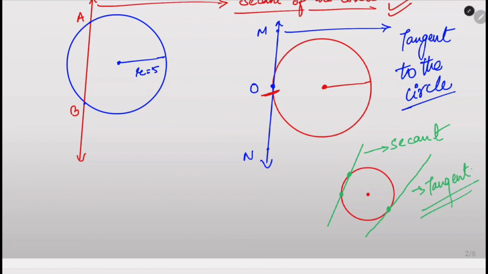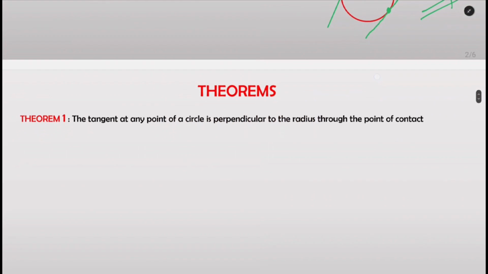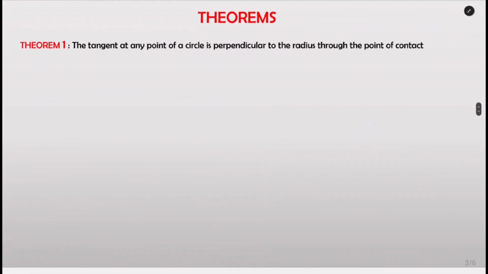Now there are some theorems related to tangents. What are those? Theorem number 1 states the tangent at any point of a circle is perpendicular to the radius through the point of contact. Now what does that mean? Suppose this is a circle and this is the radius, right?